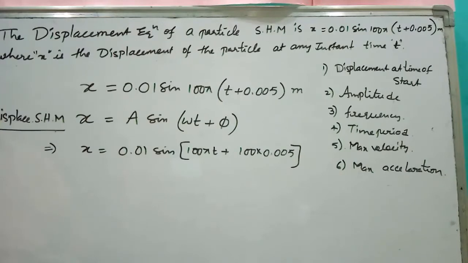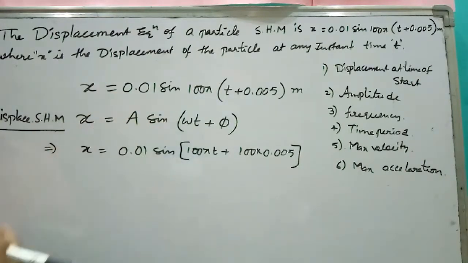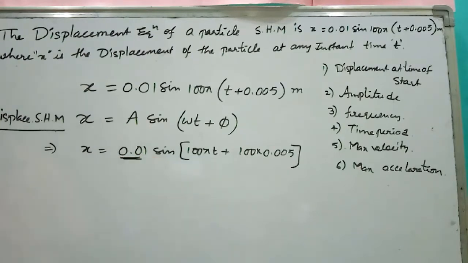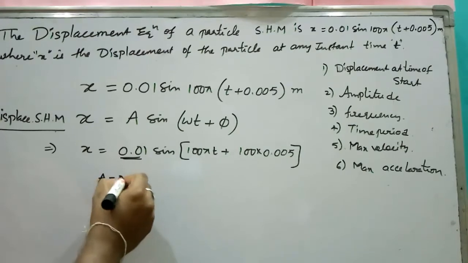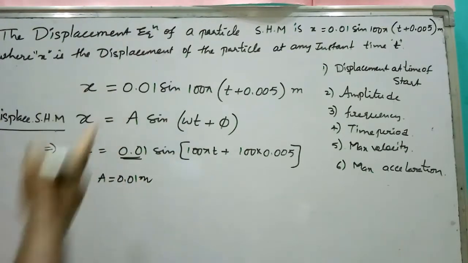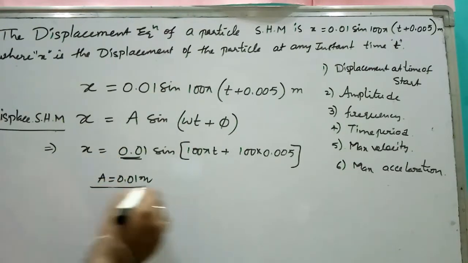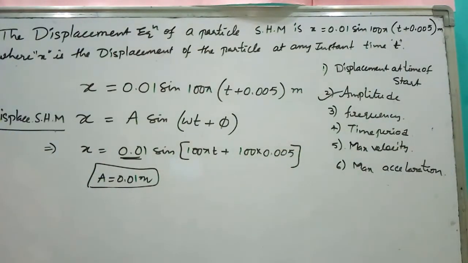When it is in the form x equal to A sine of omega t plus phi, we compare. How much is the amplitude here? The amplitude is 0.01 meter. If we are asked to find the amplitude, this is the answer.